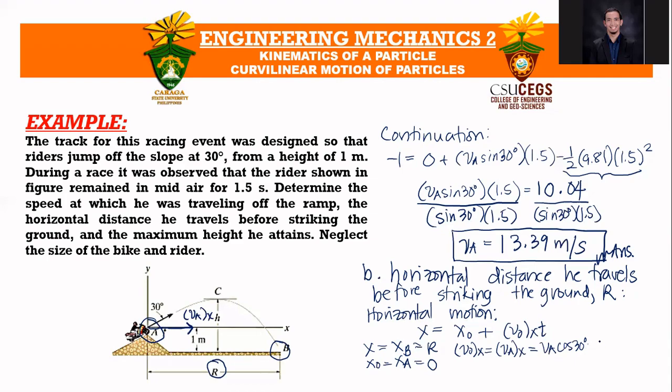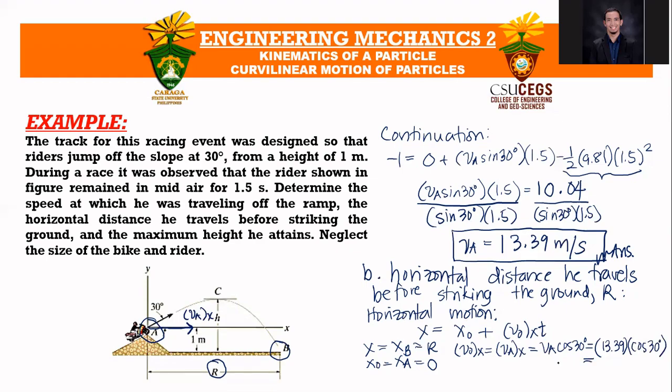So that would be equal to 13.39, which is what we solved earlier, times cosine 30 degrees.